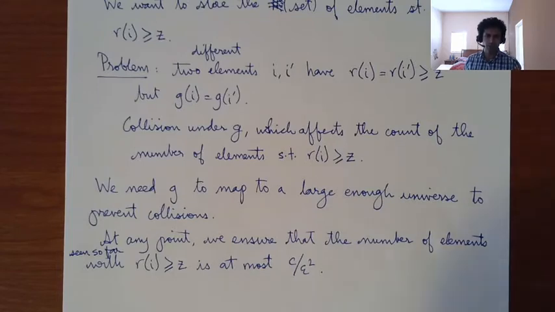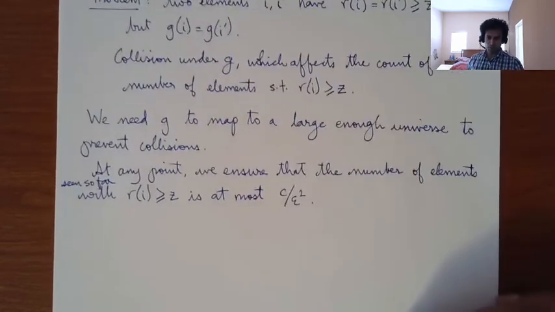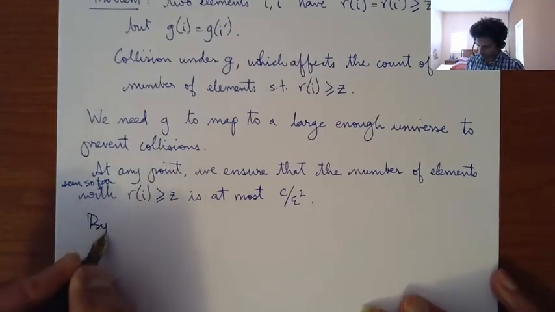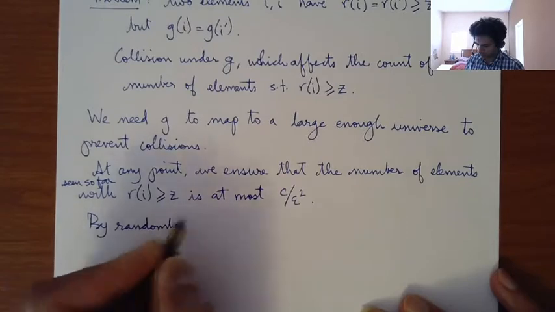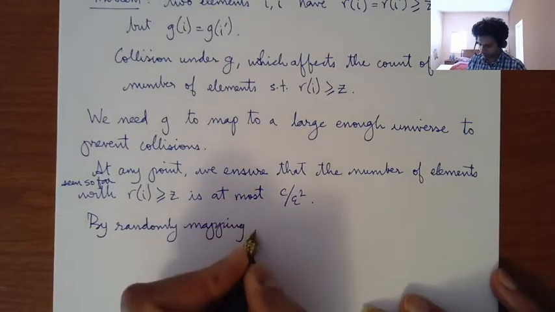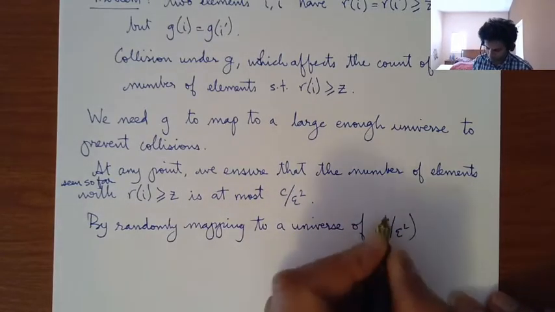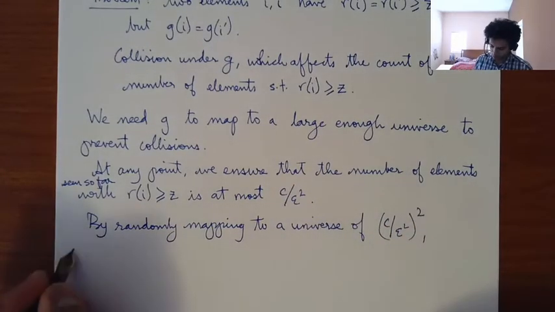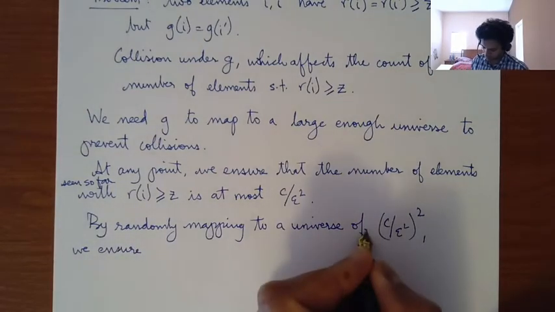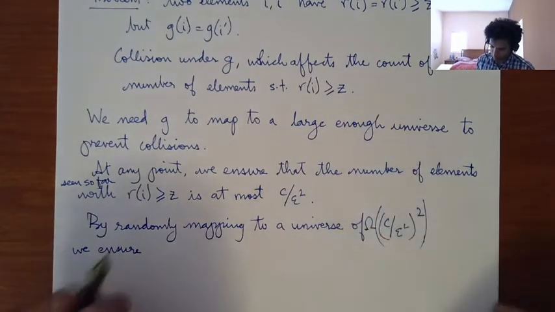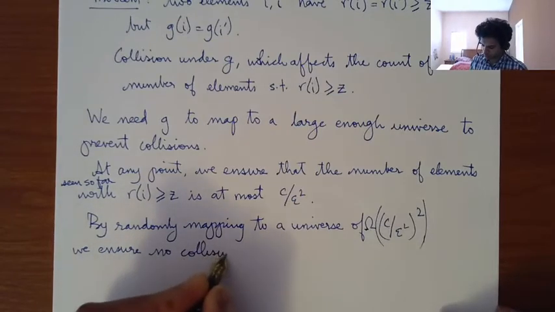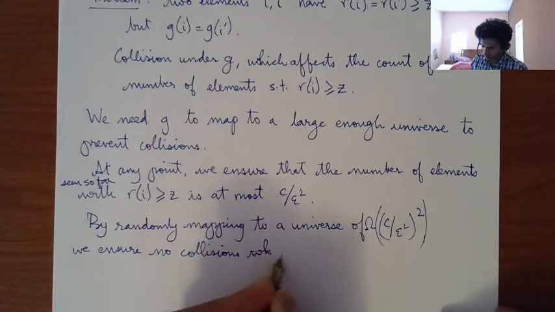As long as you don't have too many collisions, when you're tracking the size of B, you are genuinely tracking the number of elements with Ri greater than Z. So since we see at most C over epsilon square elements, by randomly mapping to a universe of essentially that square, I'll say maybe omega of that, we ensure no collisions, with high probability.